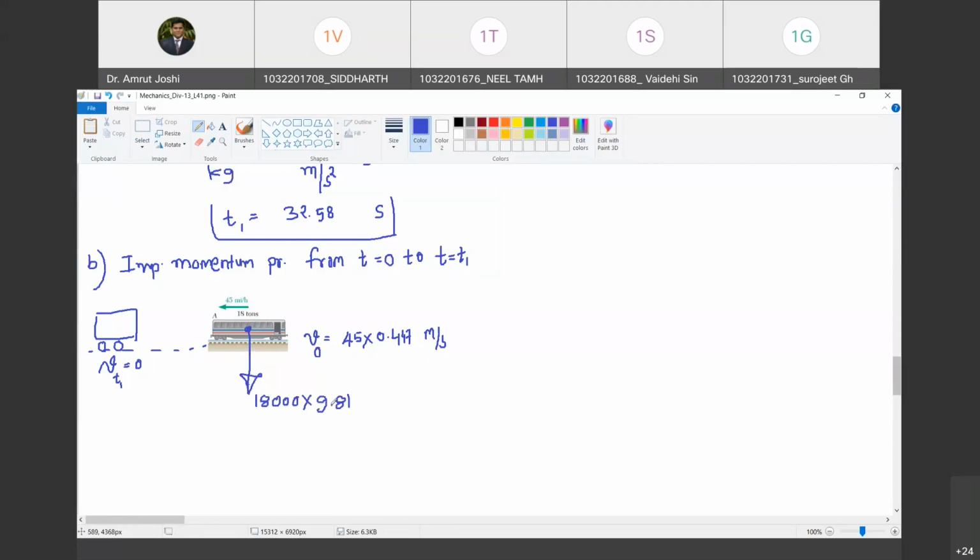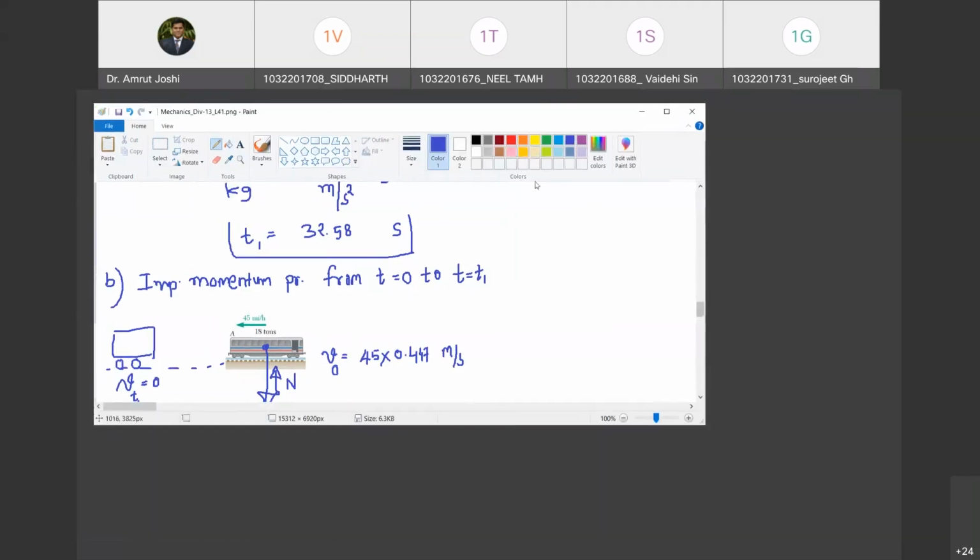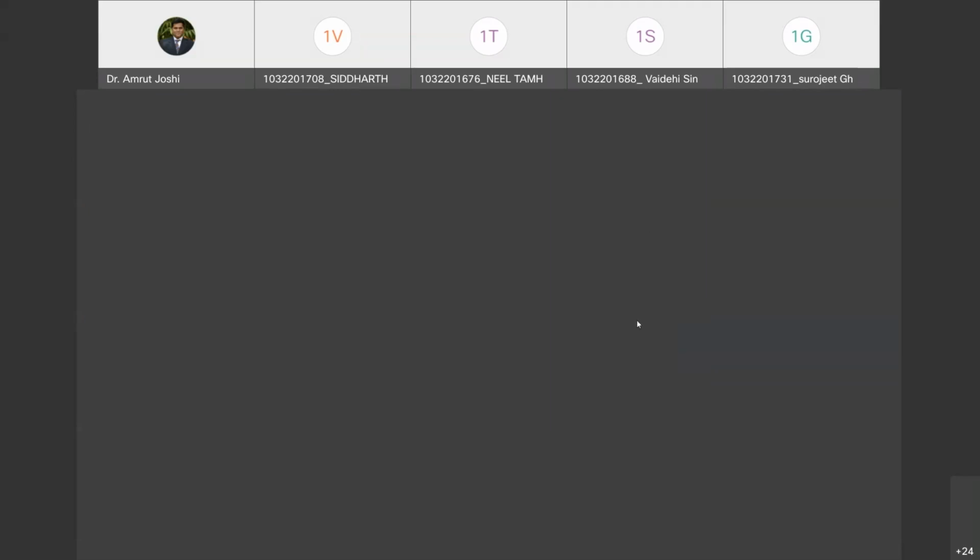Then you are going to have a normal reaction, N. And you will have the coupling force. I am going to assume that a tensile coupling force prevails between the two bogies, at the coupler.